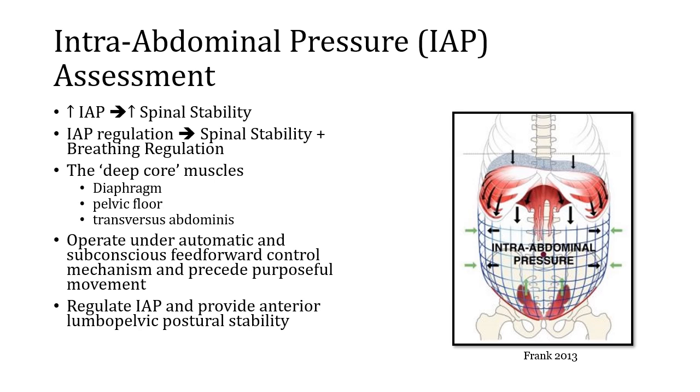They operate under automatic and subconscious feed-forward control mechanisms that precede purposeful movement. What this means is that often this is subconscious. This is something that occurs preemptively before an intentional or expected perturbation, and the regulation of IAP provides anterior lumbopelvic stability, not only statically, posturally, but also dynamically.